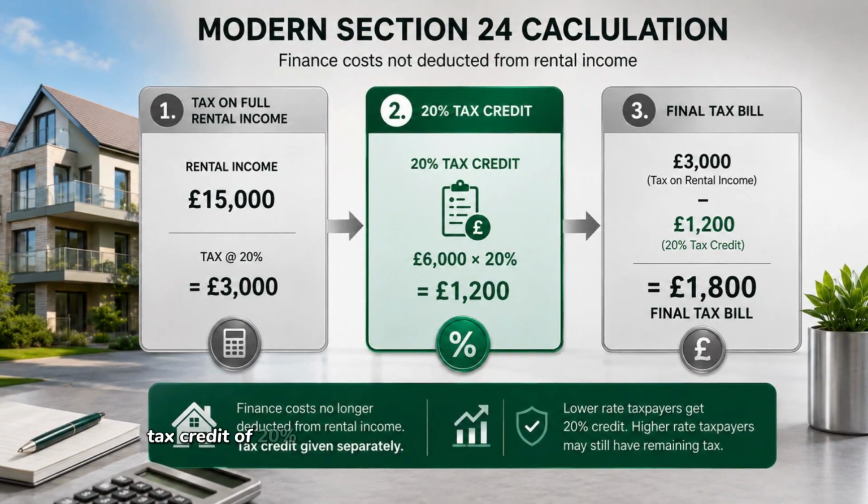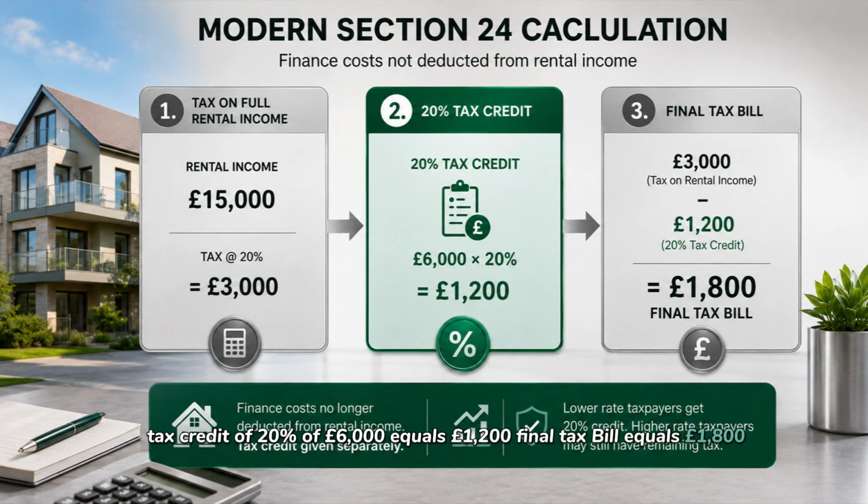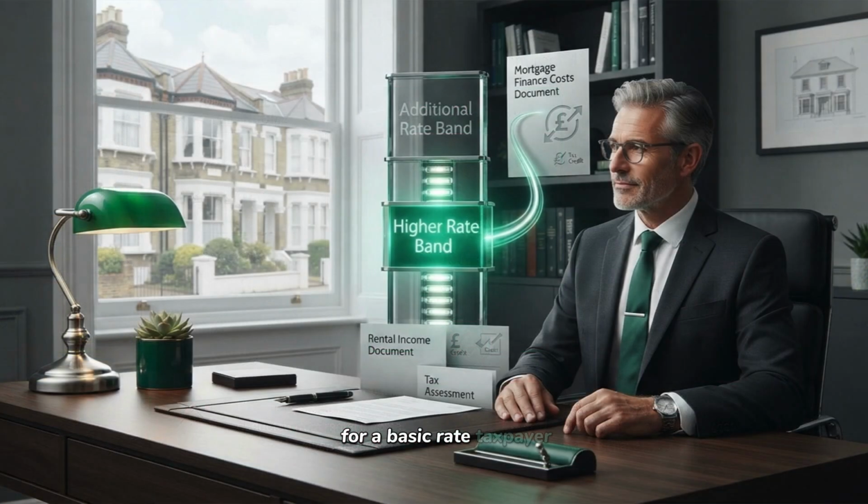Tax credit of 20% of £6,000 equals £1,200. Final tax bill equals £1,800. For a basic rate taxpayer the outcome is broadly the same, assuming the rental profit keeps them within the basic rate band. The impact becomes significant only when rental income pushes total income into the higher rate band.